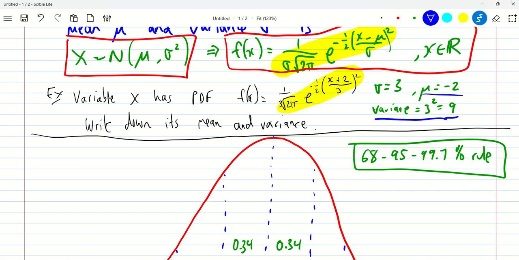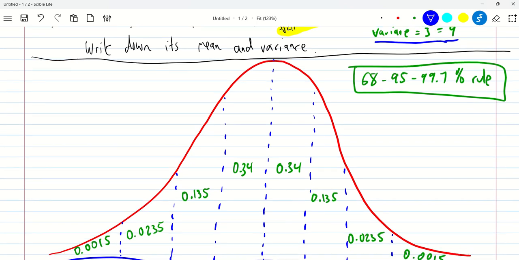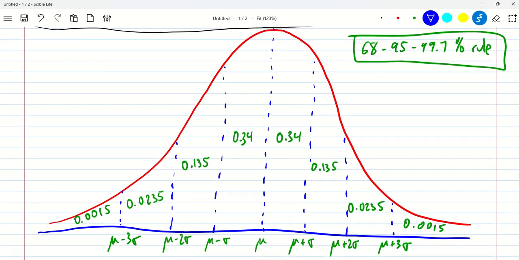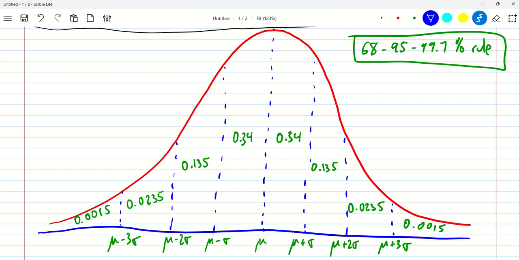The only other thing I want to cover in this video is what's commonly known as the 68, 95, 99.7% rule. What it says is that if you have a normal distribution, and you start from the mean, go out to one standard deviation below the mean, and then up to one standard deviation above the mean, in other words this area in here, I've drawn that pretty well, I'm happy with that.